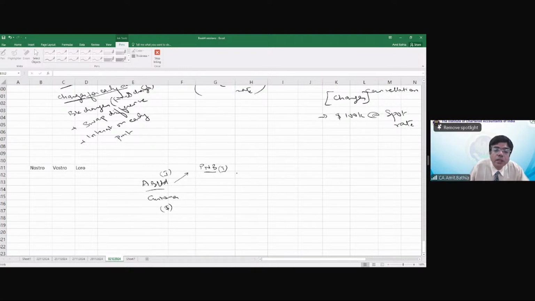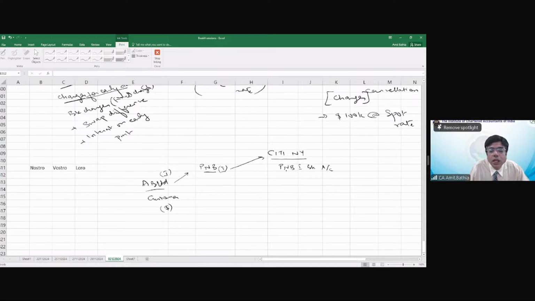So what Punjab National Bank has done in the process is, it has opened its own account, say, for example, in Citibank, New York. In Citibank, New York, it has opened its own account called Punjab National Bank, India bank account.